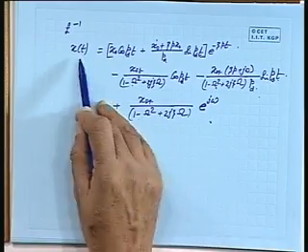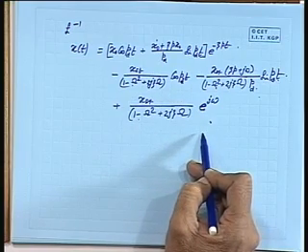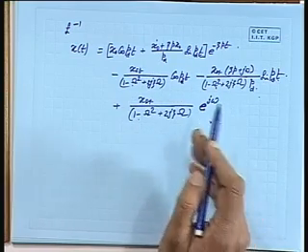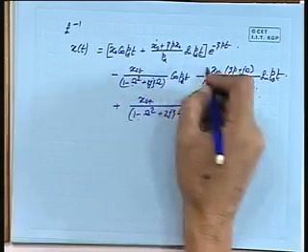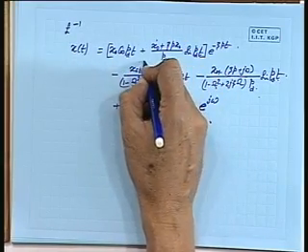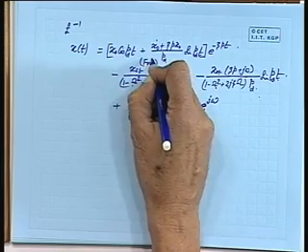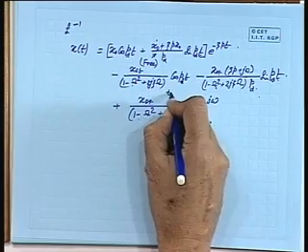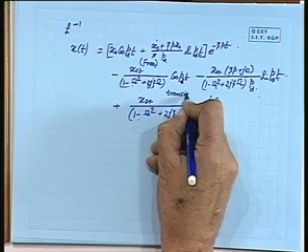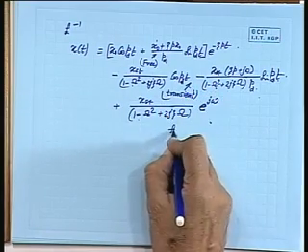So, this has got three components: natural, transitional and forced. Okay. So, this part is free vibration, this is transient, and this is the forced part.